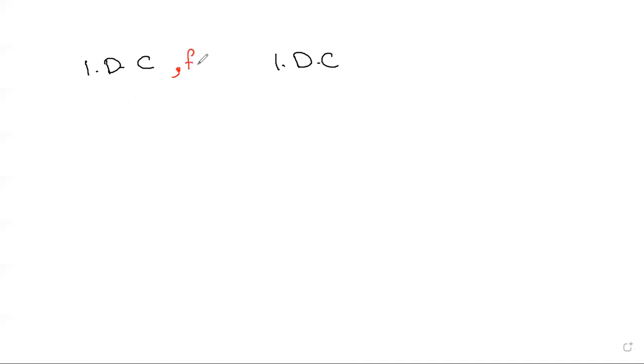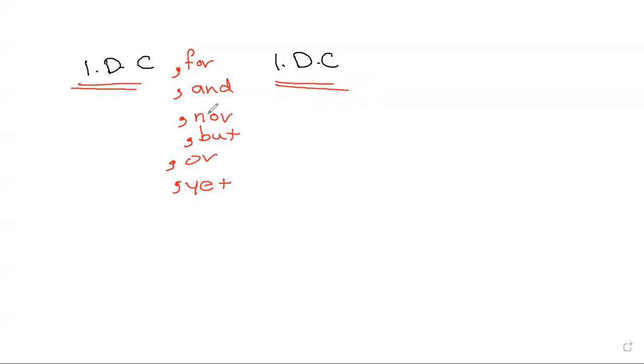Comma for, comma and, comma nor, comma but, comma or, comma yet. Now you get to choose which one, but you must put the comma before it. And you must make sure that this is independent and this is independent. And you must make sure they're independent clauses. So let's go over this example.